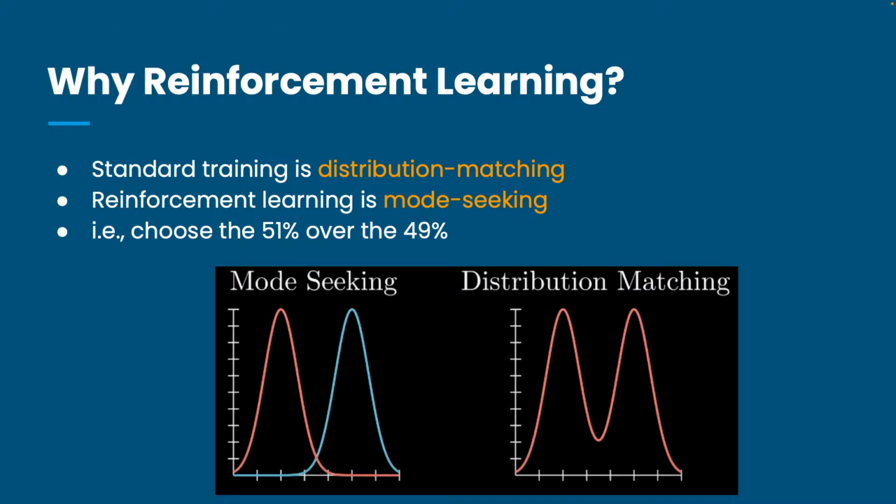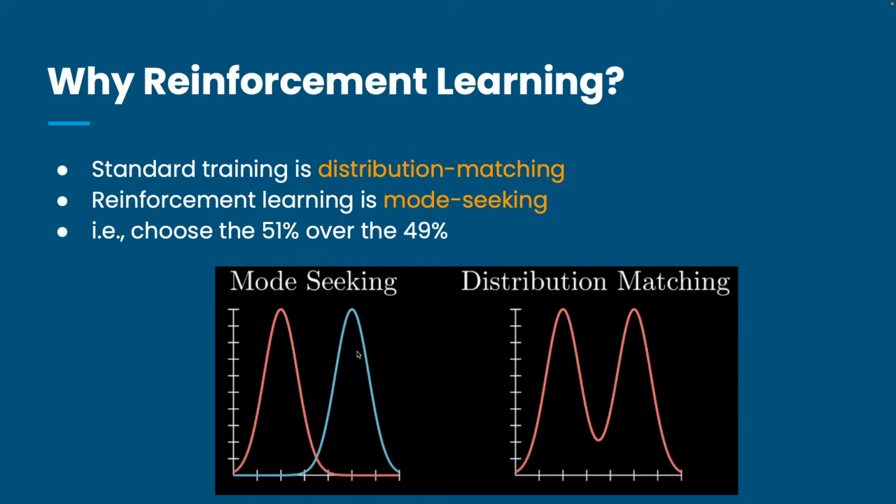And a little bit more intuition on why we use reinforcement learning, even though this is a text environment rather than a video game, is that standard training is what's called distribution matching. We have a distribution of the data, and we essentially memorize that distribution, like this is the next word that comes. But what we actually want is what's called mode seeking, where we elicit the version that's better than the other.